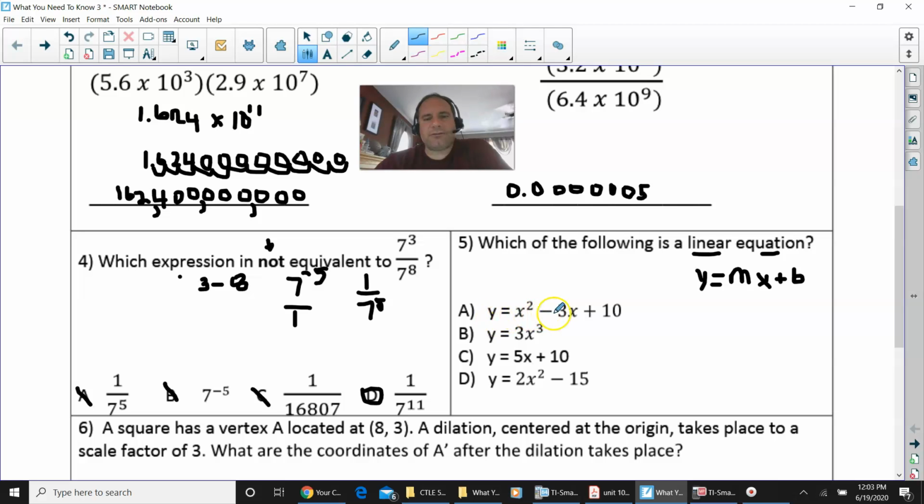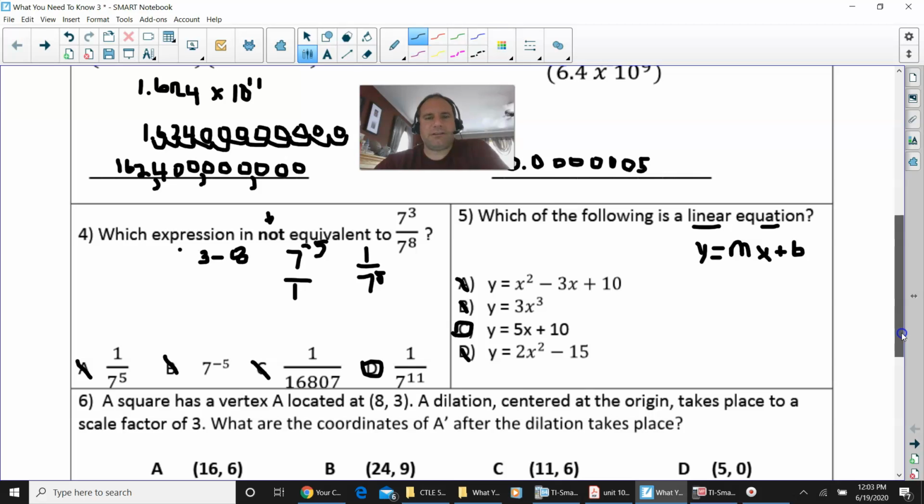Y equals x squared. As soon as it has an exponent next to the variable, it is not linear. Here we go, 3x to the 3rd, nope. Y equals 5x plus 10, that is y equals mx plus b. So that is your linear equation. And again, 2x squared minus 15, no good. C is your answer, and that's it.